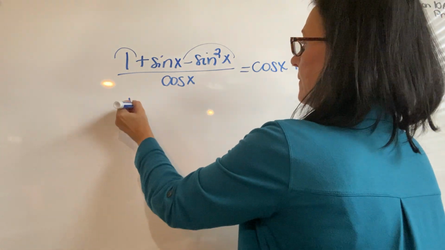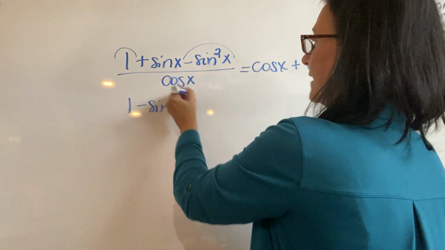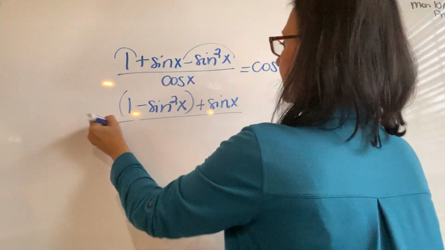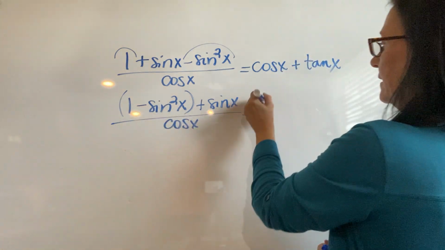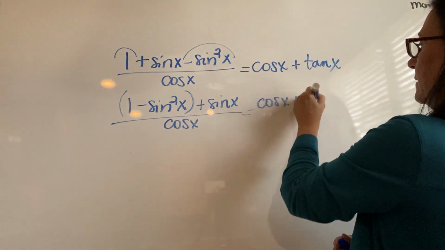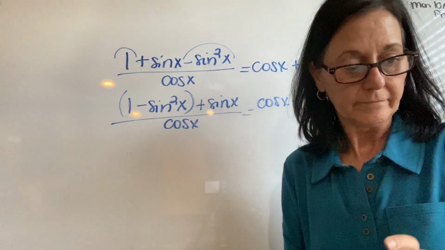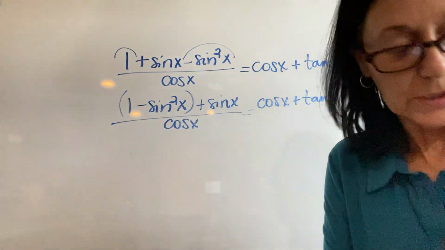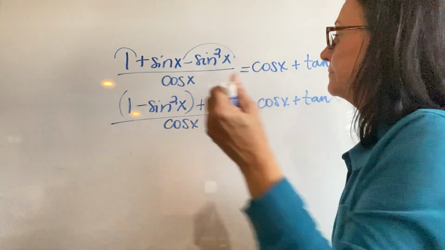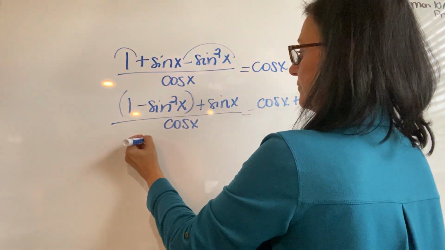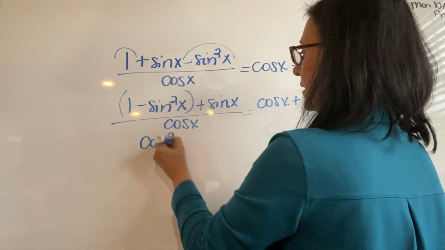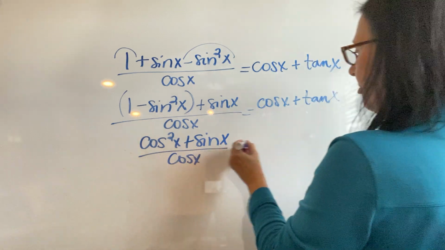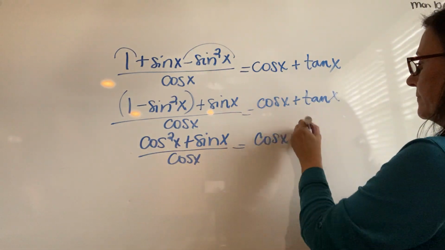So it's going to be 1 minus the sine squared x, which I'm going to substitute with cosine squared x.